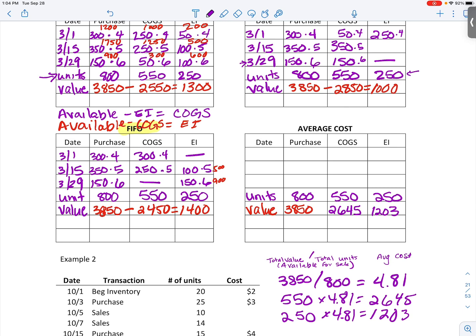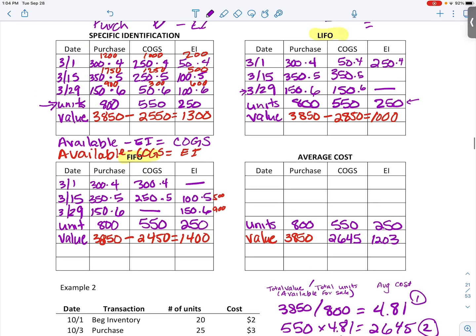Everything's not going to be exactly perfect, and that's okay. But you can see here now how simple that was. First, we're going to go ahead and get that average cost, and then you're going to multiply out to find those different values based on the number of units we have.